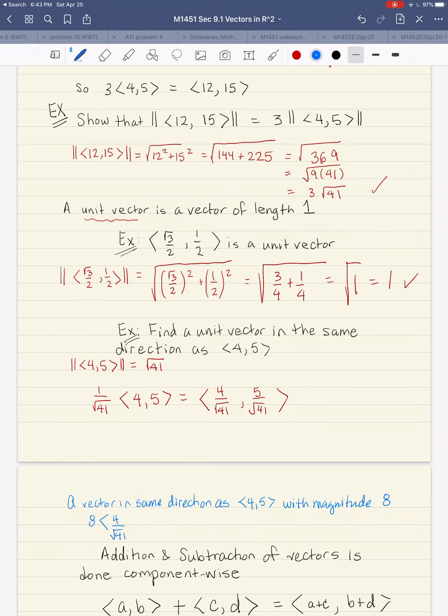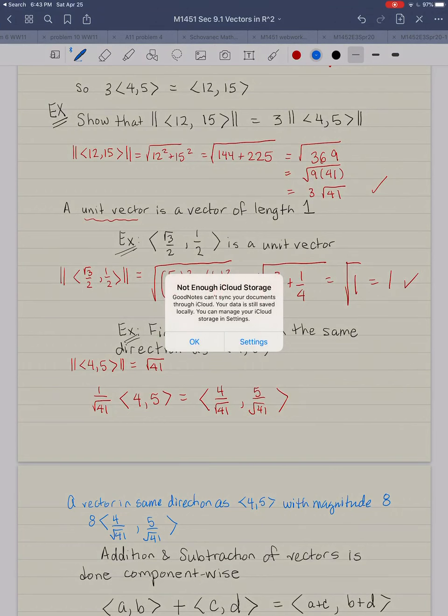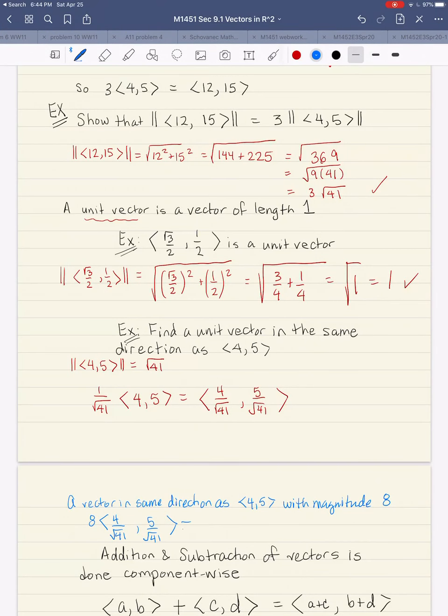I've got my vector scaled down to a length of 1. Well, let's just take it and multiply it by 8. So I multiply each component, and I get 32 over the square root of 41 and 40 over the square root of 41. And that vector now has a length of 8, and I didn't change the direction since I multiplied by a positive number.